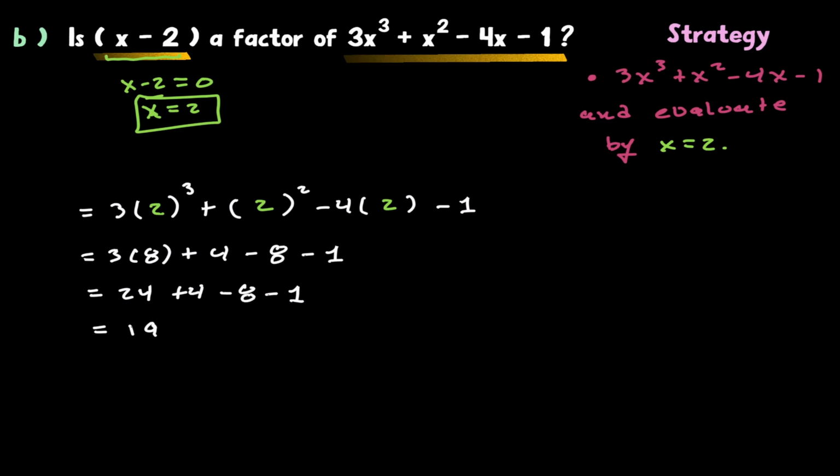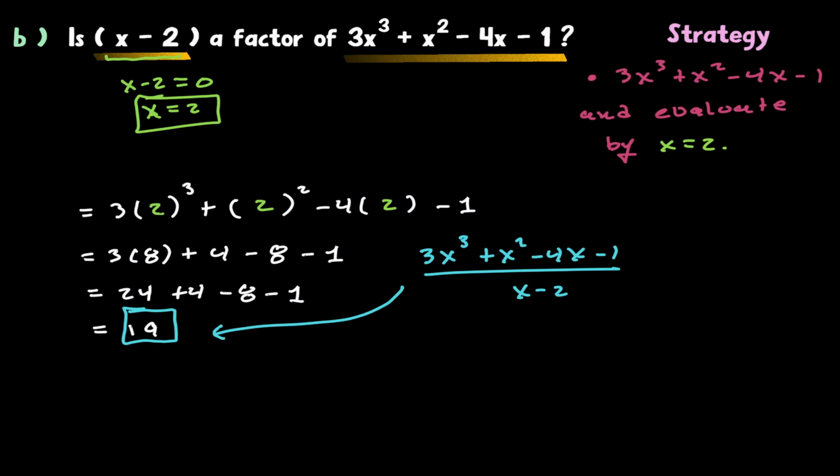Well, let's make sense of this result. Here we are saying that if we would have performed the division of 3x to the third plus x squared minus 4x minus 1 divided by x minus 2, we would have obtained a remainder of 19.